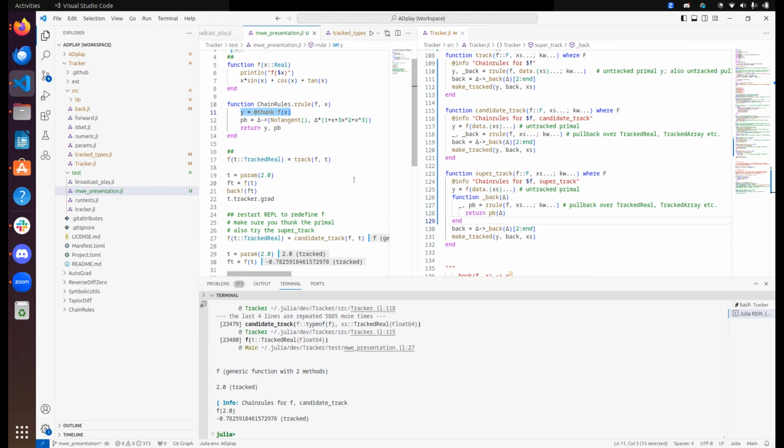Yeah, anyone who has questions, I guess, can feel free to unmute. But yeah, I guess off the top of my head, I don't know how much I trust chain rules writers to use thunk when they should be using thunk.